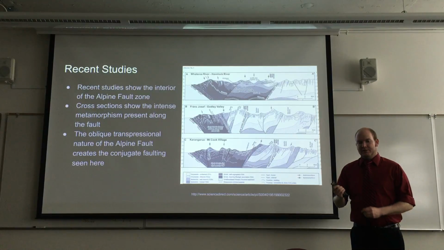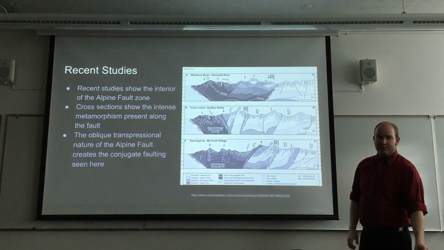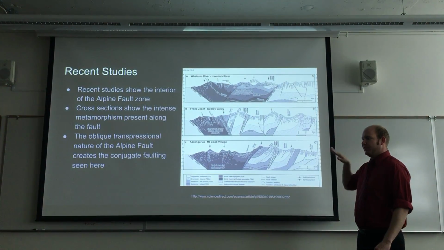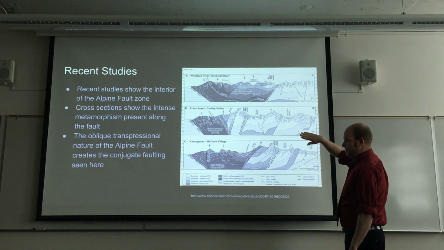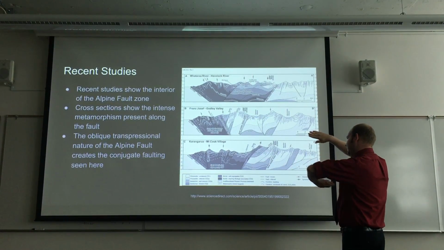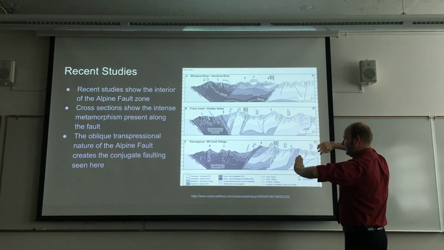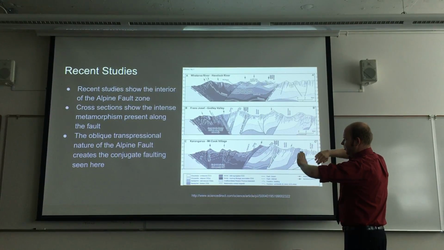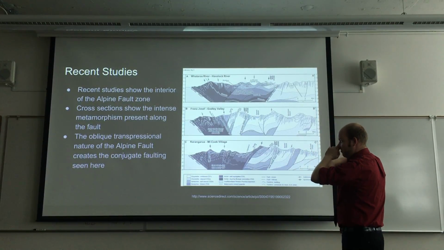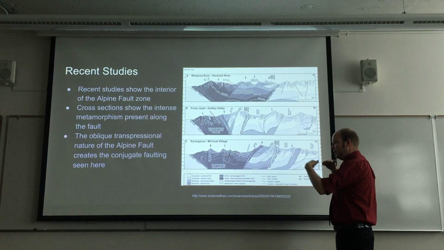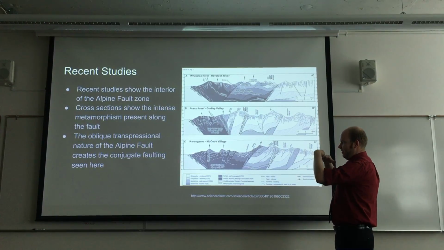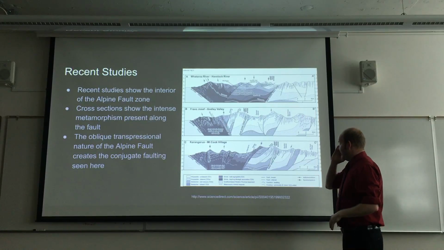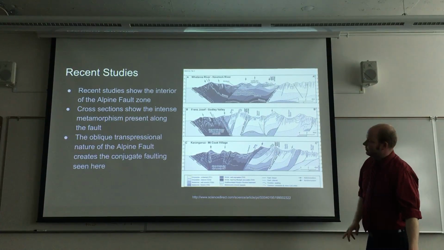We believe a lot of this has to do with that opposing nature of the subduction zones. We've got Pacific going east-west in the north, Australian going west-east in the south. This is what allows for the slippage along the Alpine Fault, but it also makes it transgressional, so there's still convergence happening and vertical uplift happening, and so it's what creates all of these different types of faulting seen in these pictures.